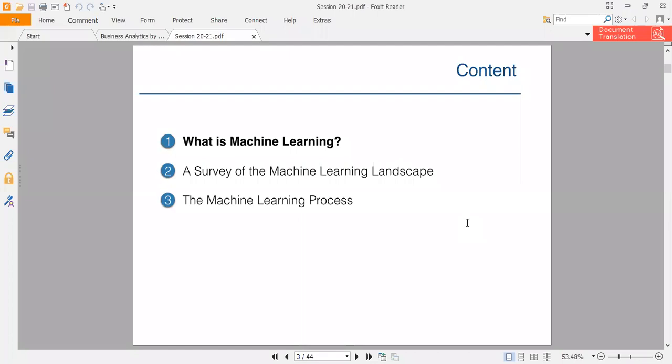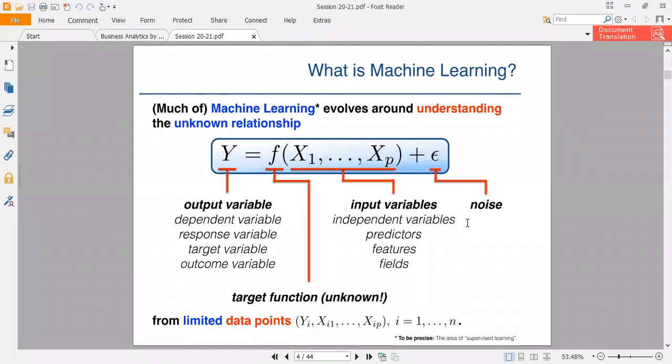Okay, so let's start with machine learning. Let's first try to understand what it means. A lot of machine learning is going to revolve around this: you're going to have some variables. Don't get confused with this complex thing that you're seeing here.